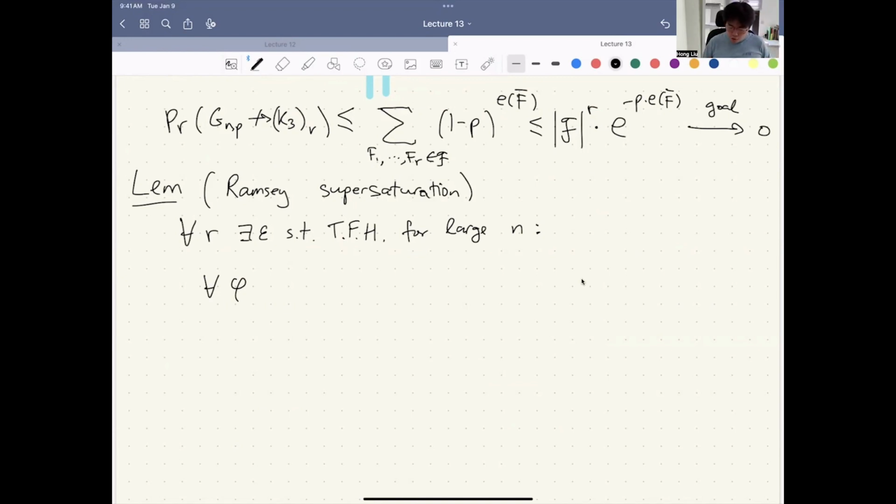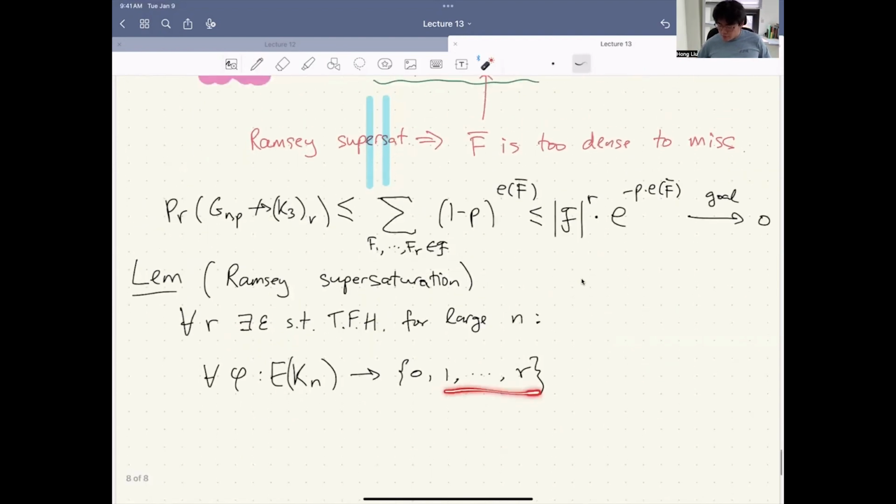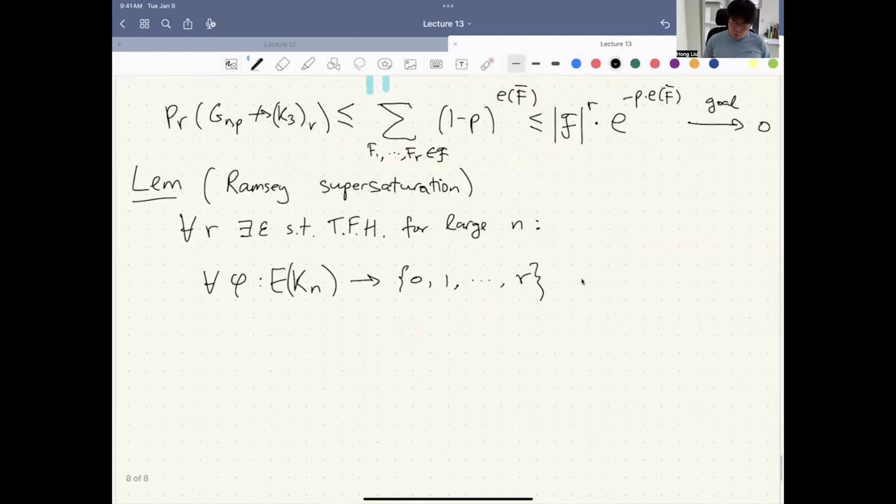For any phi, which is a coloring from Kn to, so this is the normal R-coloring. You think of color 0 as the F bar, okay? We have, for every such coloring, either for some color I from 1 to R, it has many triangles.